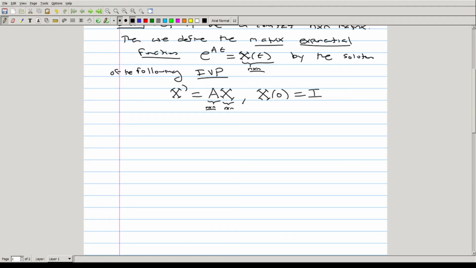And before we go through and actually develop a way of calculating this matrix exponential function for general matrix A, I want to write down the following very important theorem that I won't be going through and proving, but you could typically find proven in any linear algebra book. This is called the Cayley-Hamilton theorem.